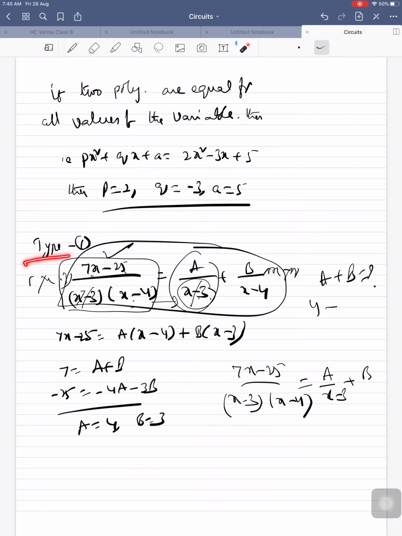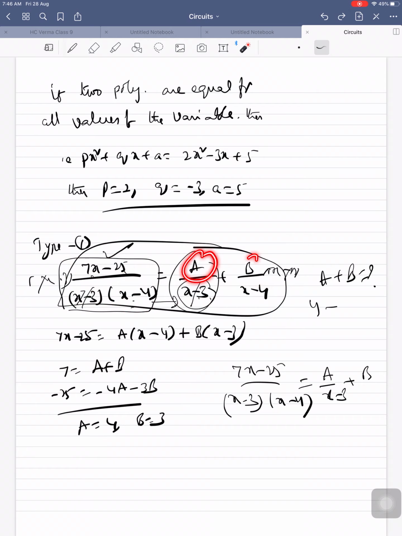Okay. Type 1. Just as I already marked, 7x minus 25 divided by (x minus 3) into (x minus 4) can be written in partial fractions as A by (x minus 3) plus B by (x minus 4).